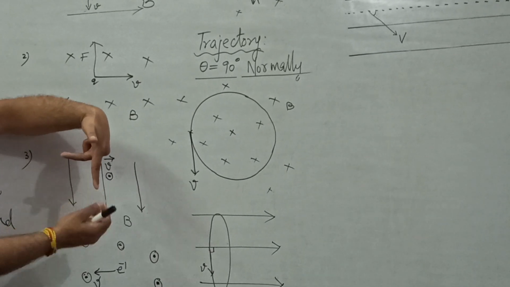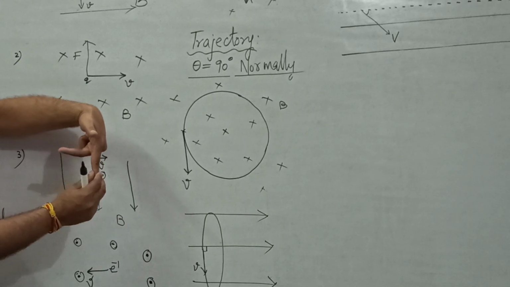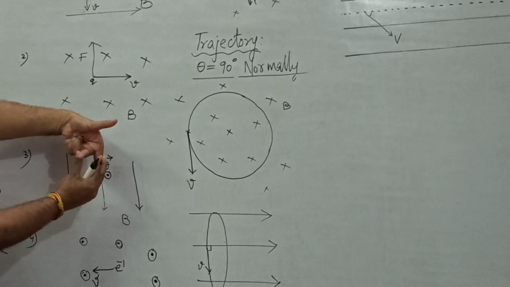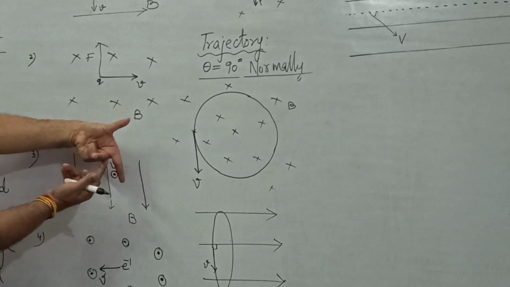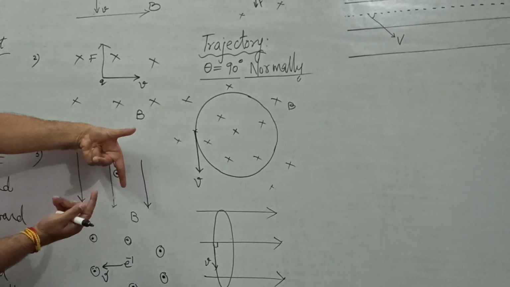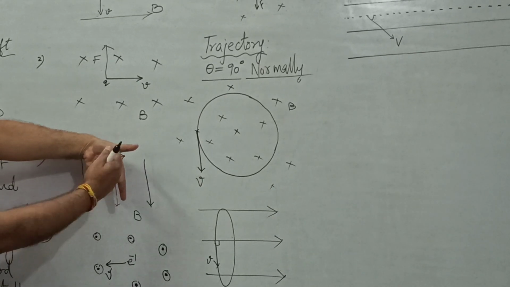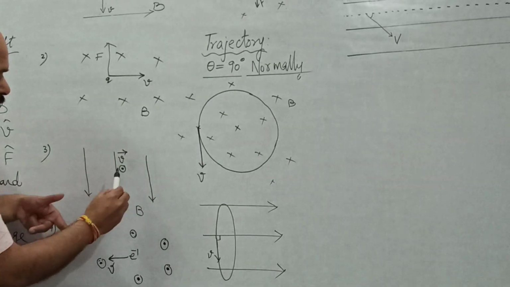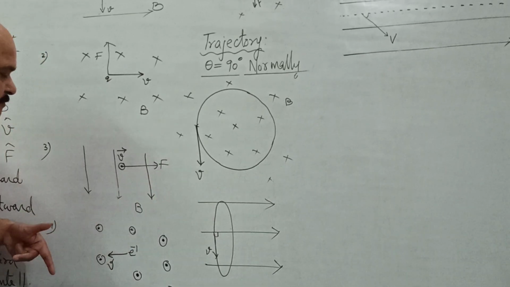Now without changing this, let us take the tallest finger along velocity, which is outward, so we have to rotate it like this. Can you see it? This is magnetic field, this is velocity. So where is the thumb? Towards right. So the force over this charge would be towards right, as shown in the diagram.